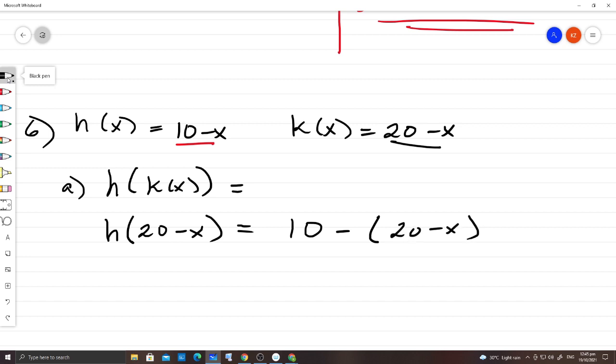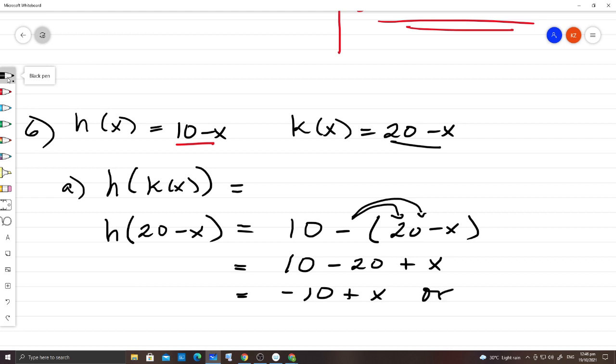Don't forget the parentheses because it has a negative. If positive, no problem, but it has a negative. So 10 minus 20 plus x, negative times negative is positive. So we have negative 10 plus x, or x minus 10. You can rearrange if you want.